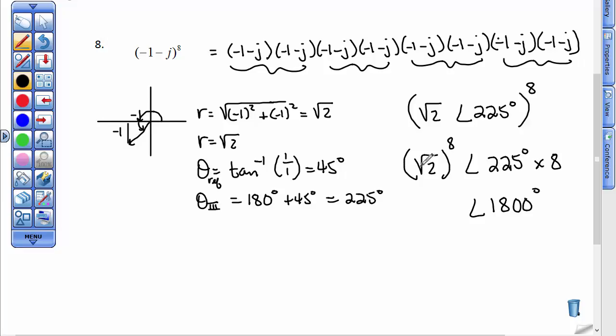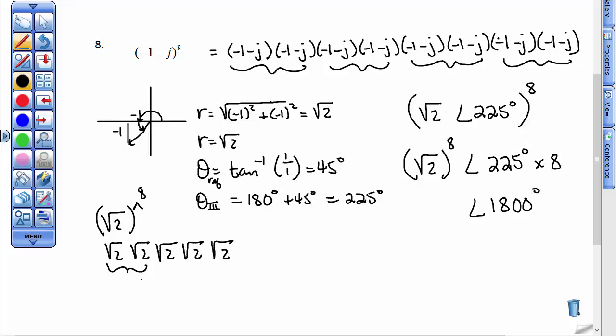The reason I use the square root of 2 here instead of 1.414 is because if you take your calculator right now and go second square root of 2, close the parentheses, and then go caret 8, that's going to give you exactly the square root of 2 times the square root of 2, 8 times.